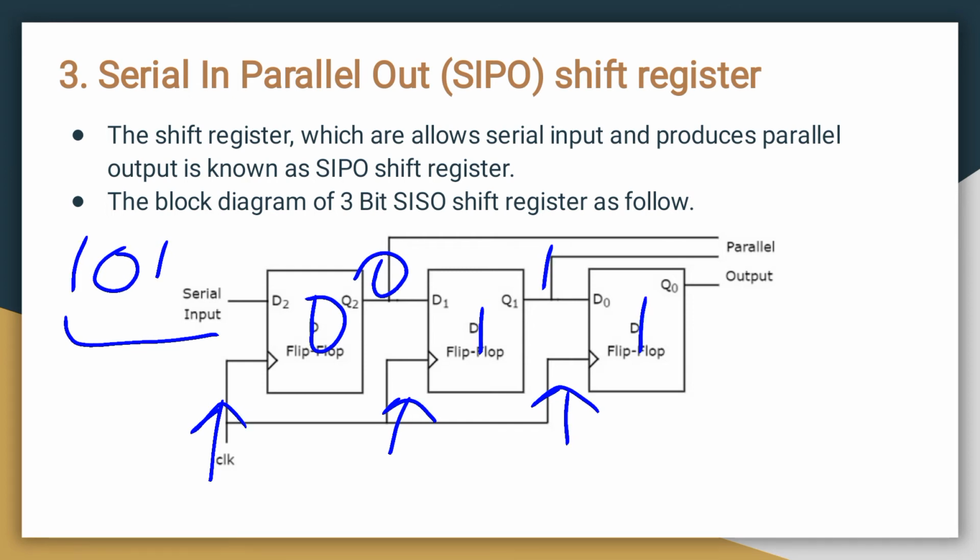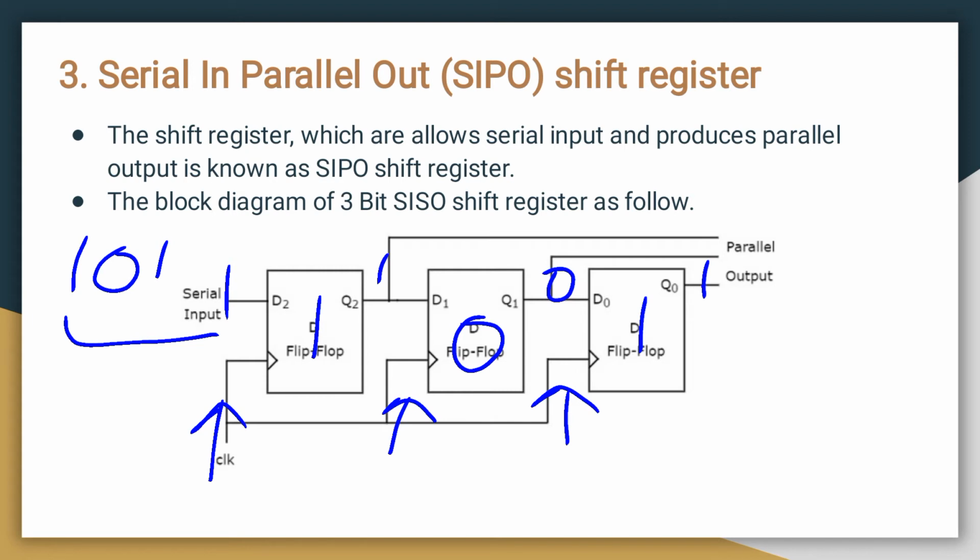For the second one, because the input is 0, the flip-flop is reset, giving the output as 0. For the first flip-flop the input is 1 and the content is already 0, so it is going to set and give rise to the output as 1.